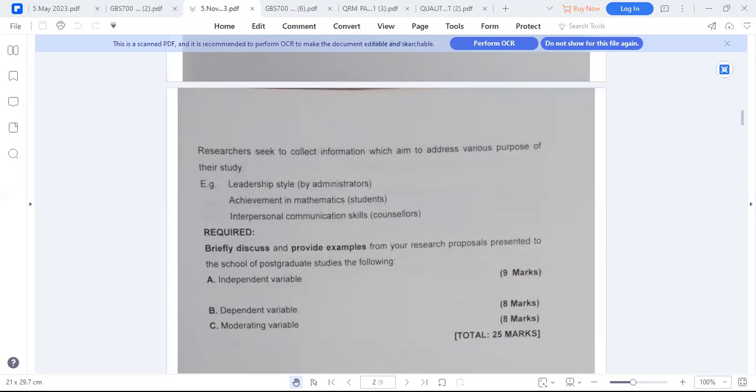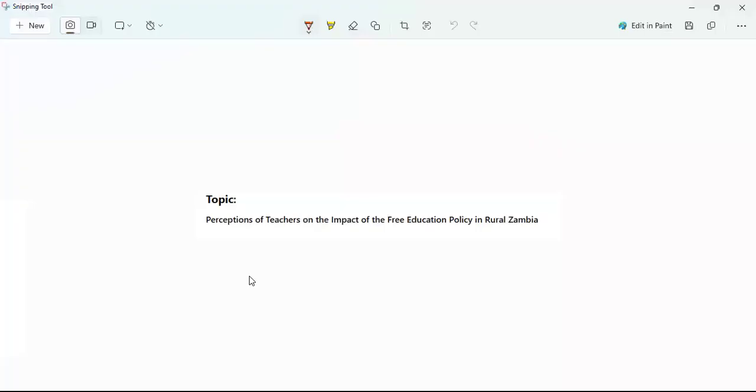From the topic, Perceptions of the impact of the free education policy in rural Zambia, okay, be consistent with your lies. So if you lie that this is your topic, let's be consistent now. What are the variables that we're going to get from here? We have perception of teachers and free education policy.